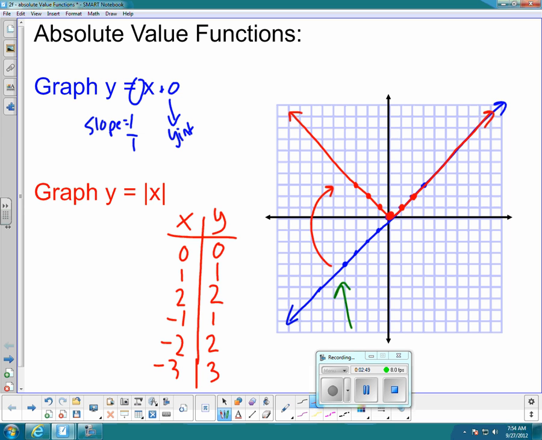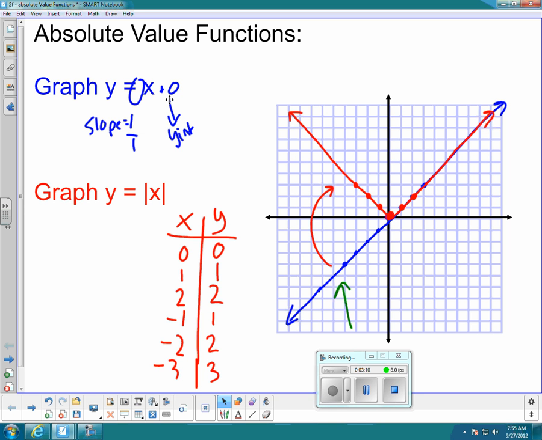So your basic absolute value of x function looks like this big V. And if you notice, on each side, the slope is 1, up 1, over 1. And over here, we're going back 1, up 1, or basically up 1 and left. So they have the same kind of rate of change, except one side is negative and the other side is positive.